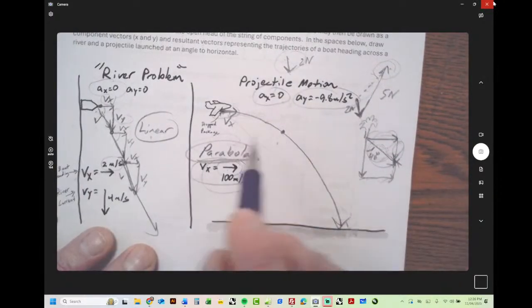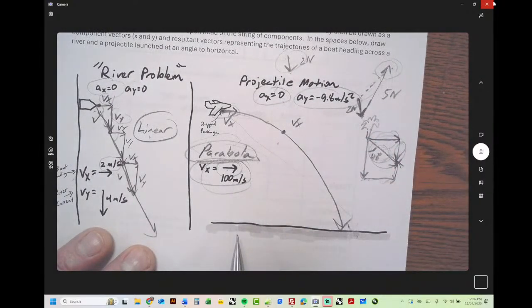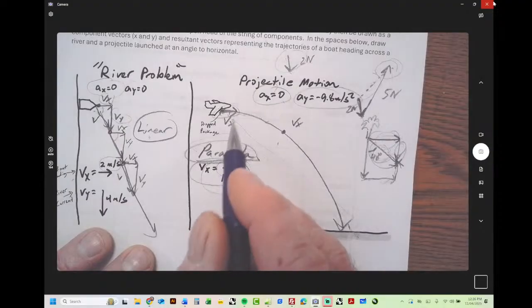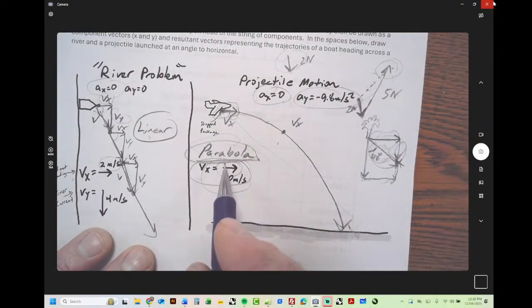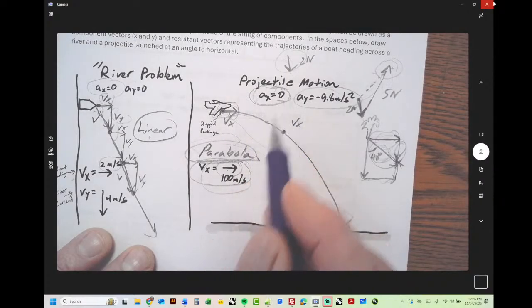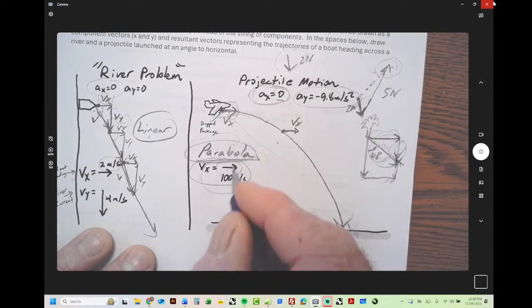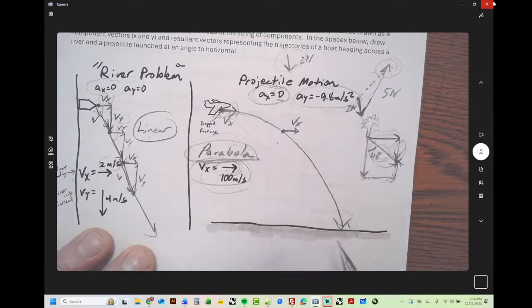So at this point, how big should I make the x velocity arrow? I made it this big at the beginning. Should I make it the same size or different? The acceleration in the x dimension is 0. Same size. So the x velocity should be exactly that big the whole time.